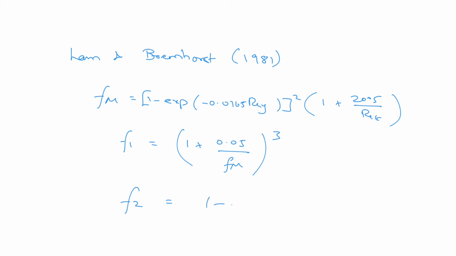F2 is given by 1 minus e power minus Re_t whole squared. So these are the wall damping functions for the low Reynolds number K epsilon model.